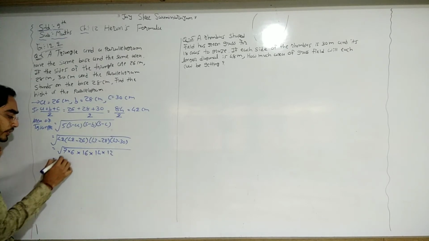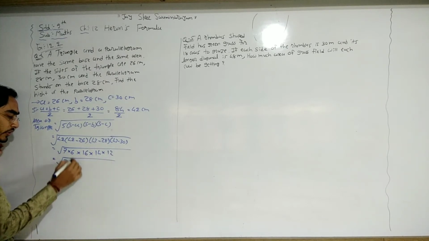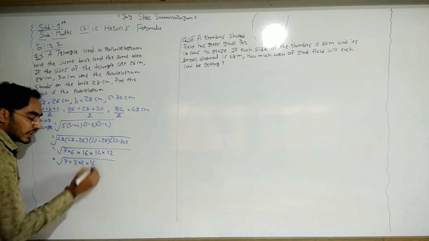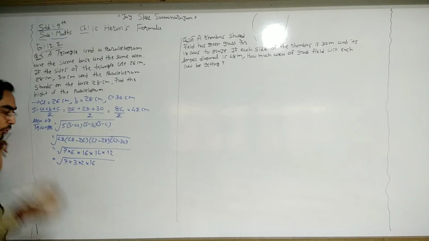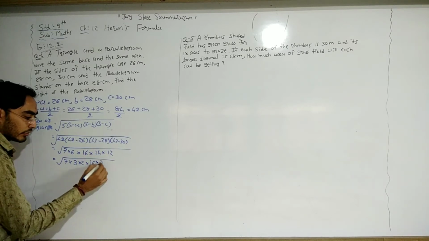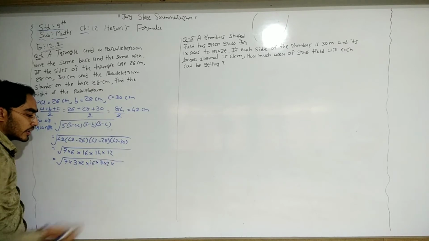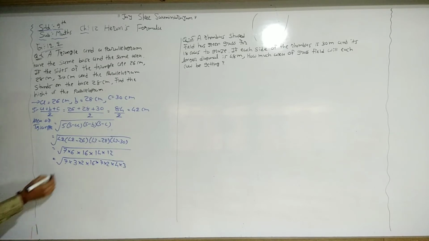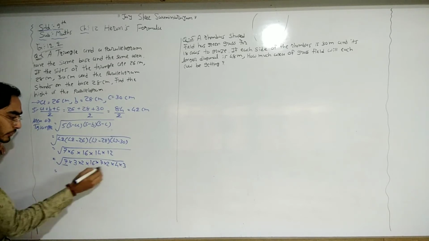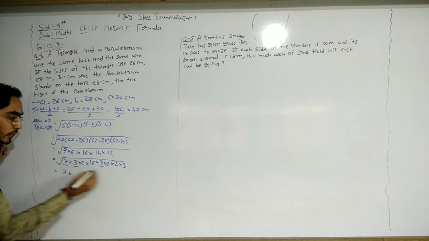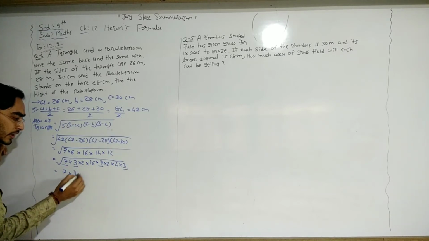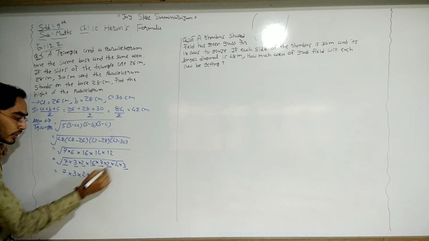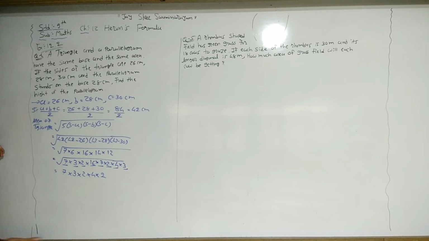Okay, now factorize this. 16, just take it as it is, because we know the square root of 16 is 4. 14, 7 2s are, and here 12, 4 3s are. Now from 2 times 7, 1 time 7, from 2 times 3, 1 time 3, from 2 times 2, 1 time 2. Square root of 16 is 4 and square root of 4 is 2.